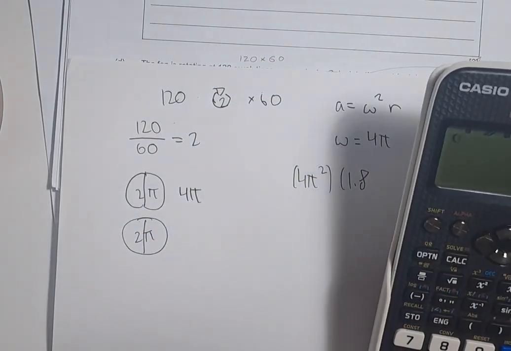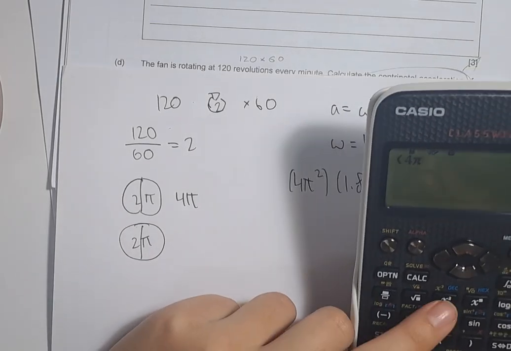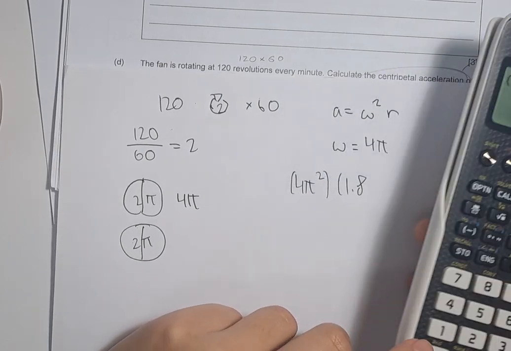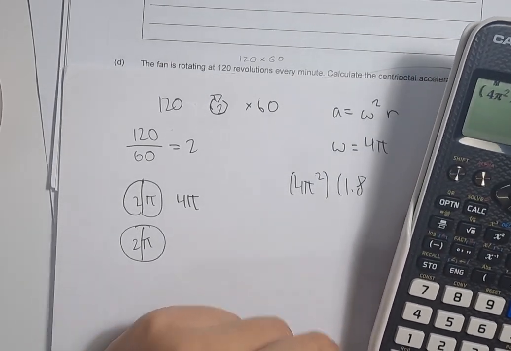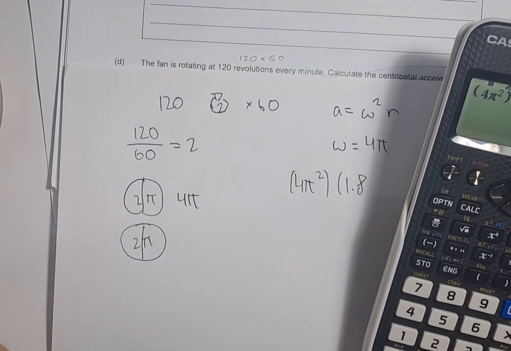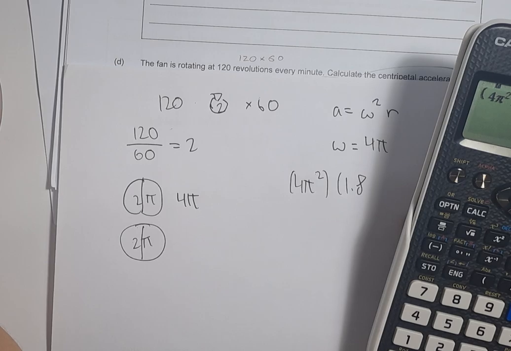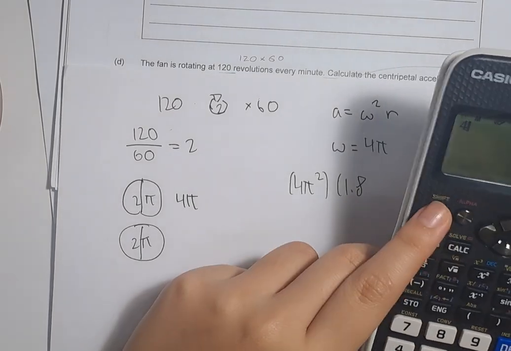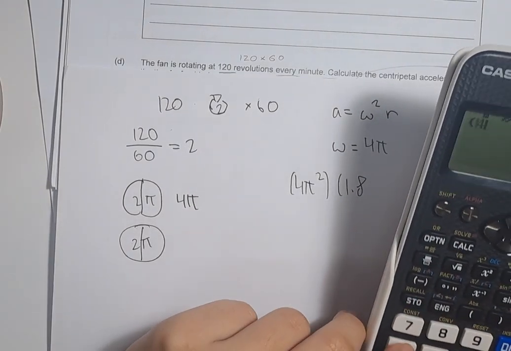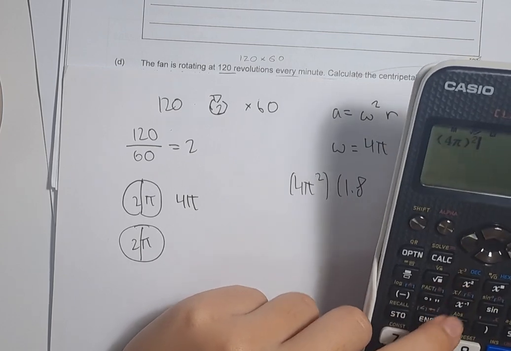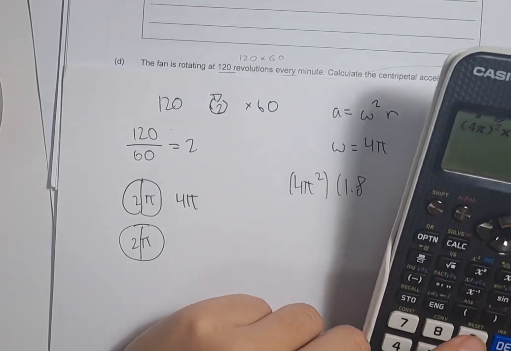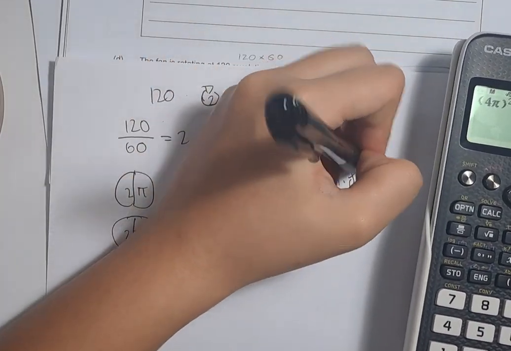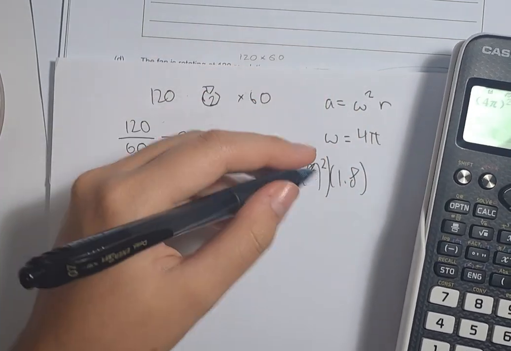Make sure your calculator is in radians. What the heck? 4 pi squared times 1.8. There we go. Make sure it's on the outside, guys. Make sure it's 4 pi squared and not 4 pi.